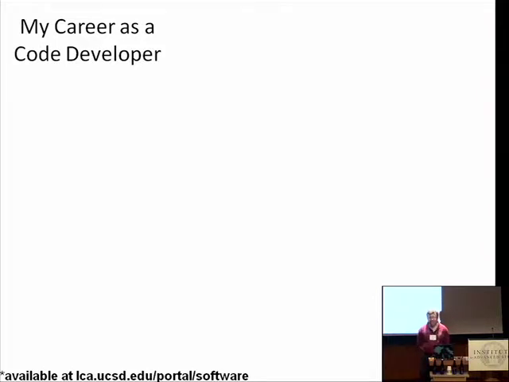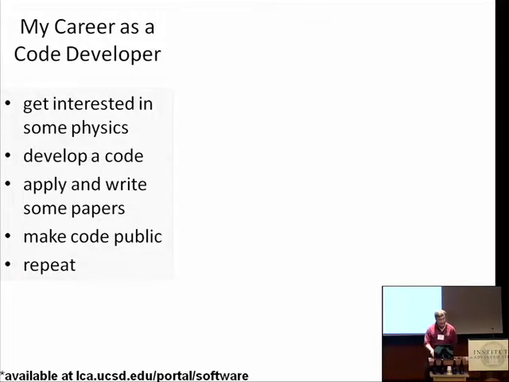When you get to be in your mid-50s, you start looking back and asking, what did I really do with my life? And it basically boils down to a simple algorithm: get interested in some physics, develop a code, apply it and write some papers, make the code public, and repeat.